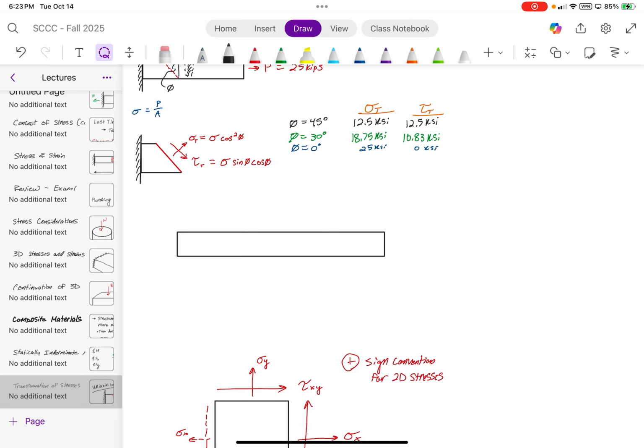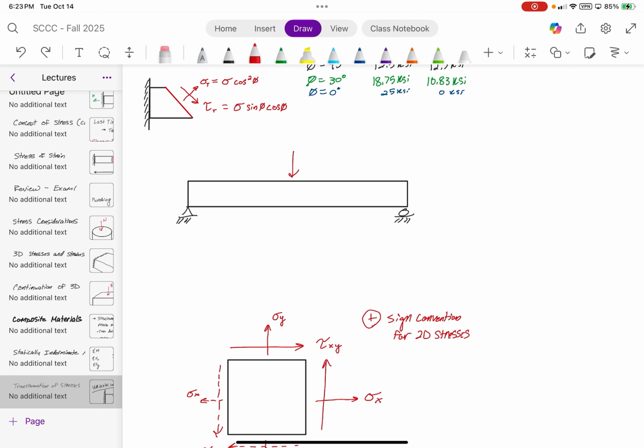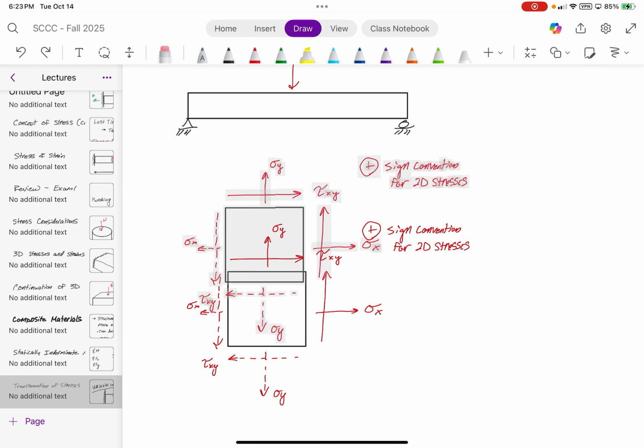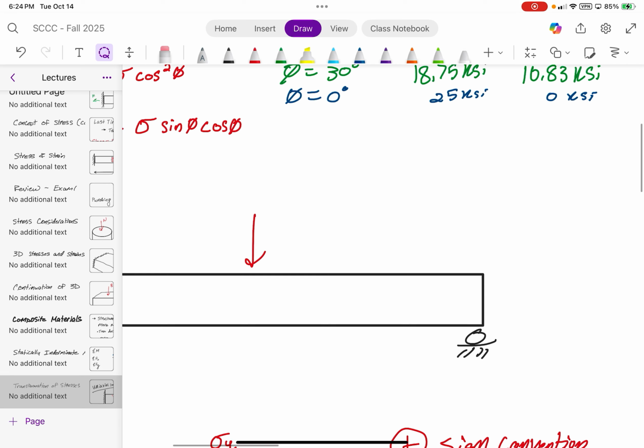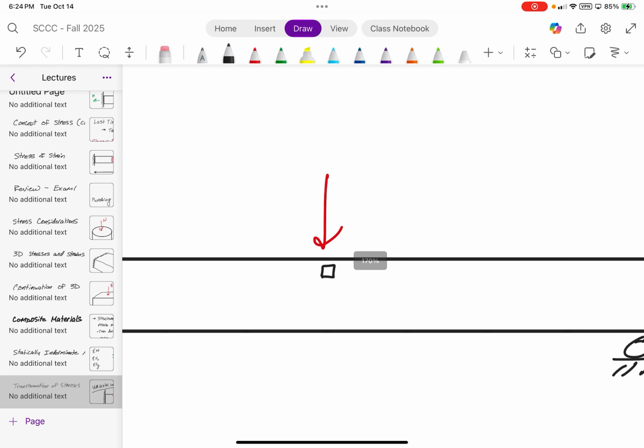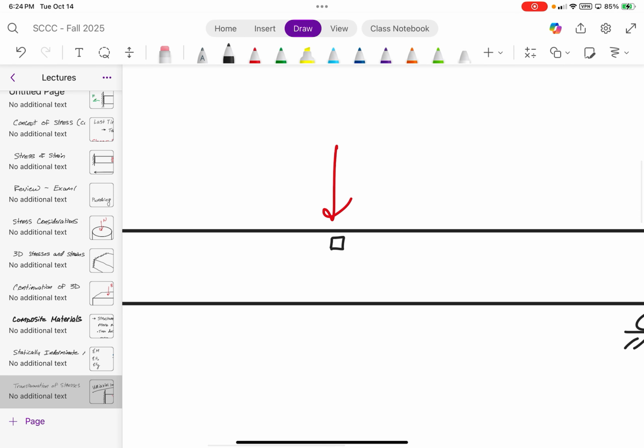We could have a beam here with some force. And what this block is really supposed to represent is a really microscopic point that could be anywhere along there. So this could just be some arbitrary stress block.